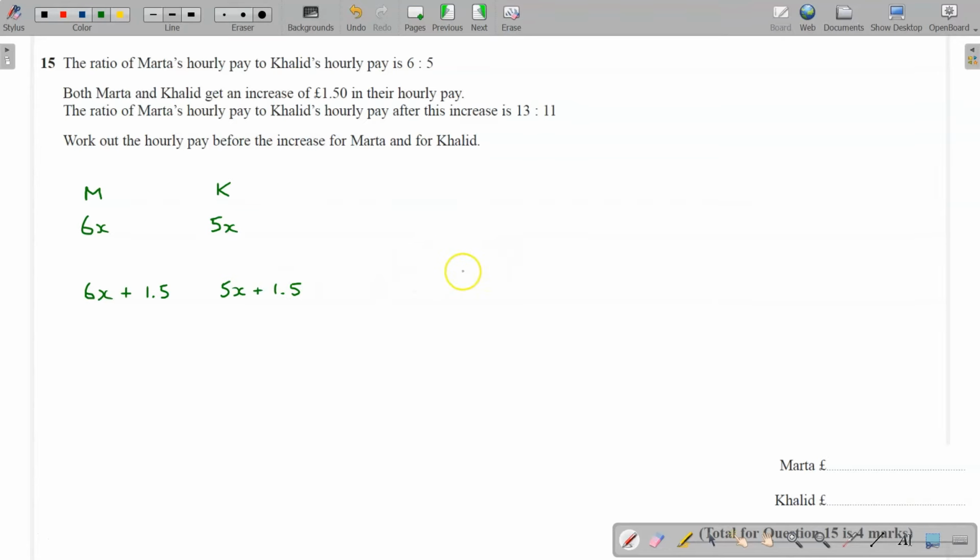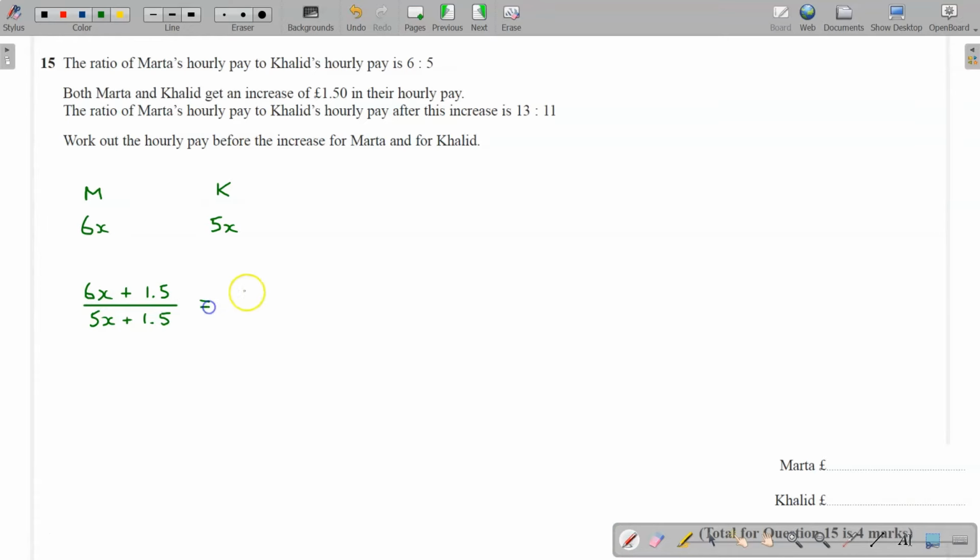So what we can do is say that this divided by that would equal 13/11.